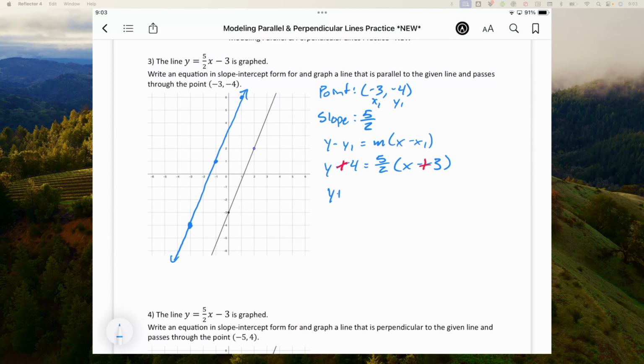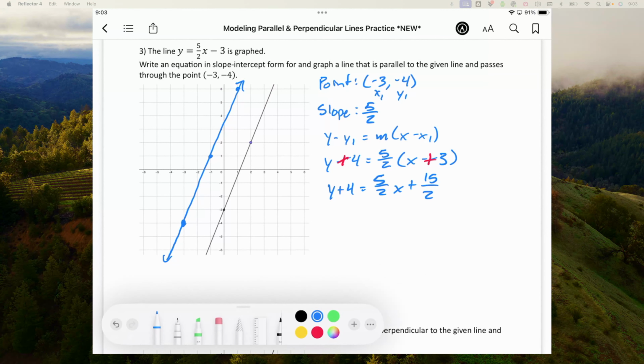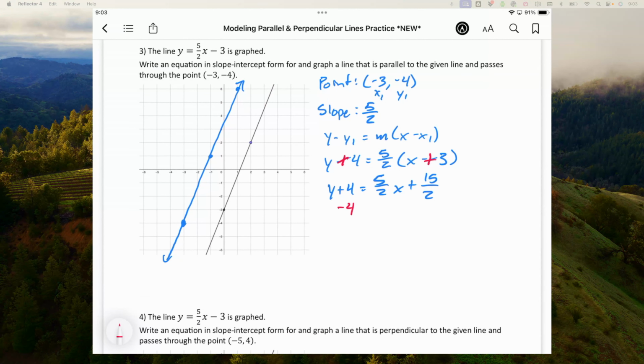And then y plus 4 is equal to 5/2 x plus 15/2. And that's going to stay a fraction. We're not going to change that to a decimal. So next we would be subtracting 4 from both sides.